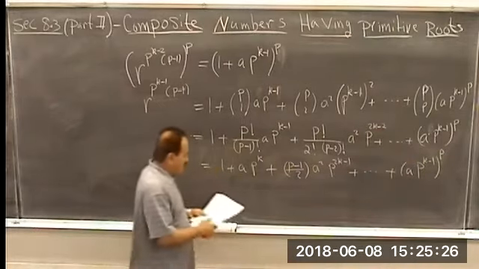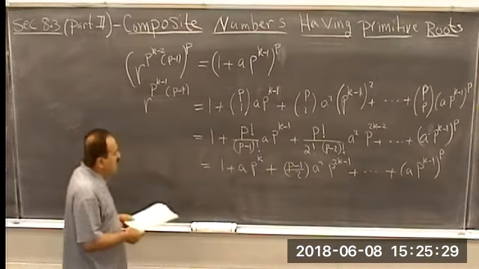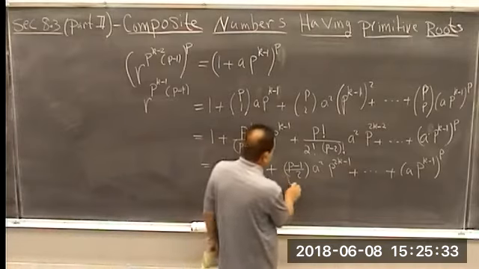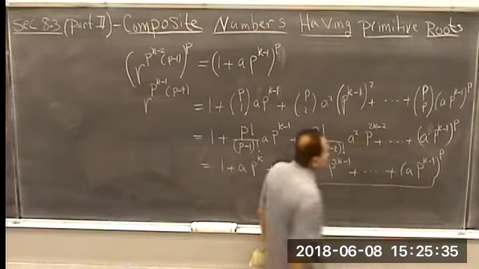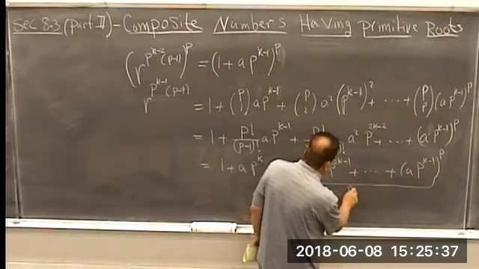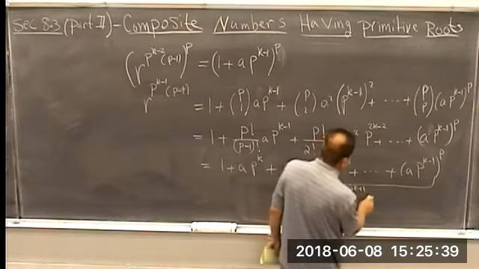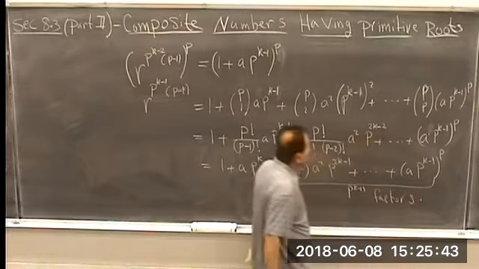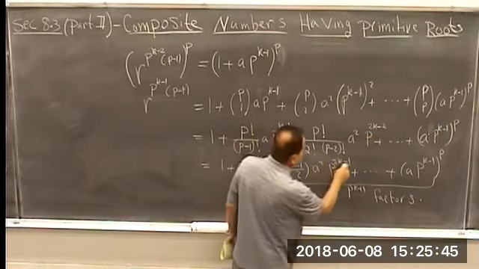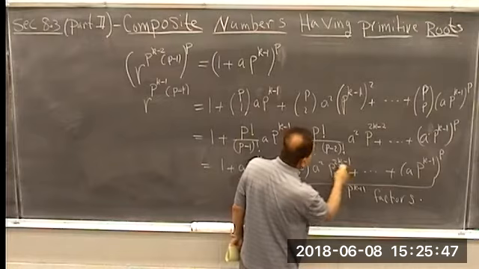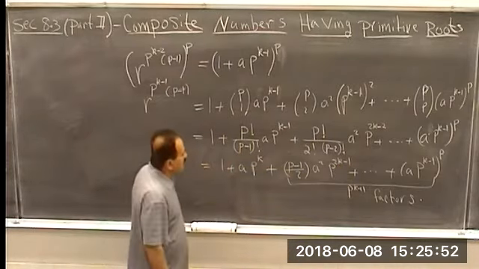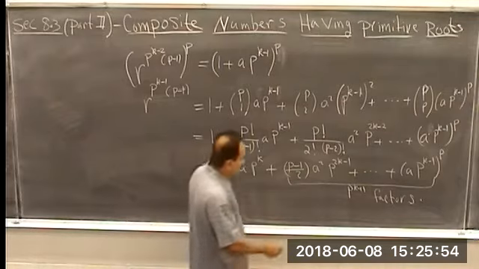Now eventually we're going to be taking this mod p to the power k plus 1. So all of these actually have p^(k+1) factors. This is 2k minus 1, so you can write it as k plus 1 and adjust for the others.